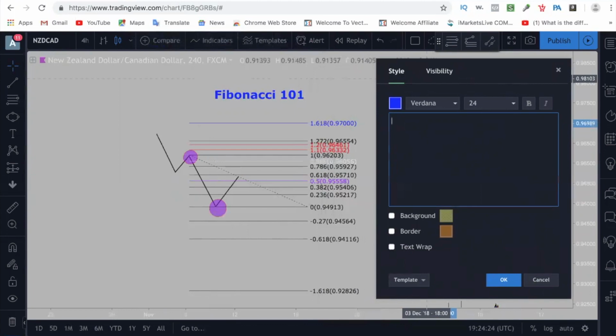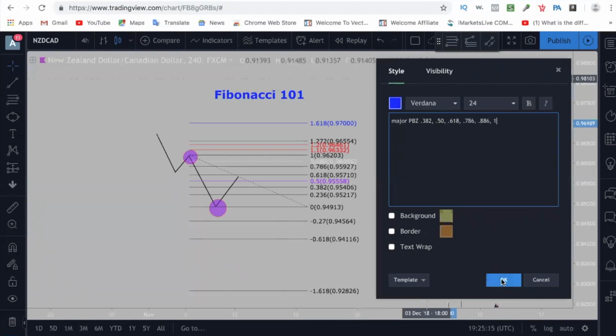So the major pullback zones, the PB zones, are going to be 0.382, 0.50, 0.618, 0.786, 0.886, and then 0.1, which is pretty much 100.